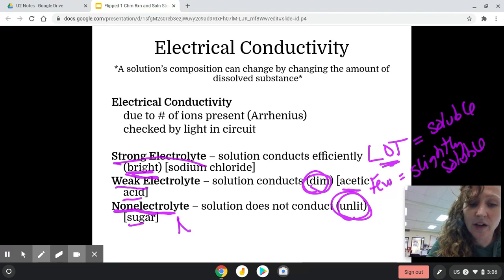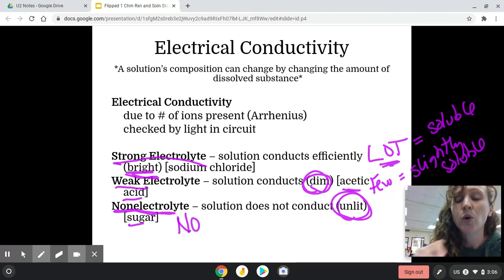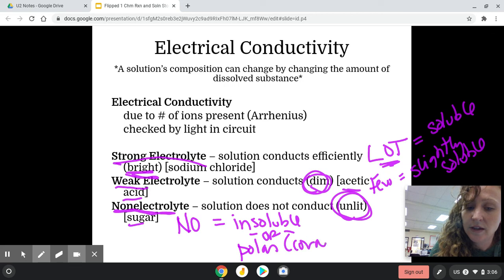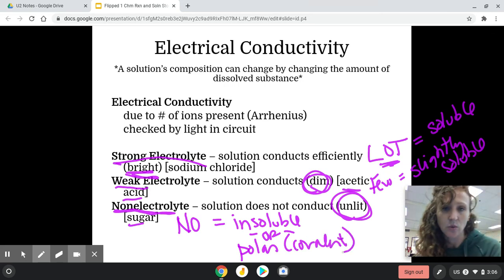So a non-electrolyte would have no ions present, which means either you have an insoluble salt or you have a polar covalent molecule, not an ionic molecule.